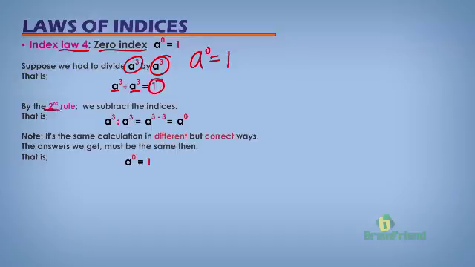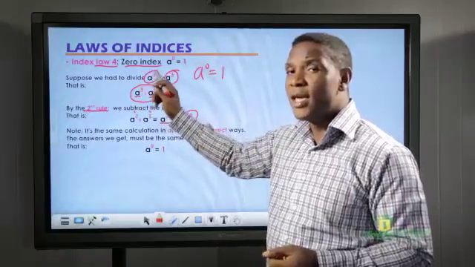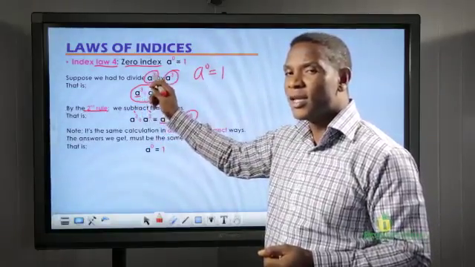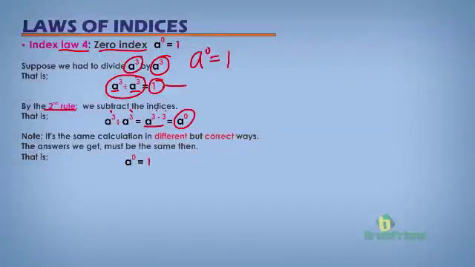But by the second rule of indices, which we've learned so far, we take a different path, if you remember. This would be a subtraction of the powers 3 and 3. So we would have A raised to power 3 minus 3, which of course would give us A raised to power 0. What have we done here? We've simply solved this expression in two different ways, and of course our answers stand. So if we say A raised to power 3 divided by A raised to power 3 gives us 1, this is true.